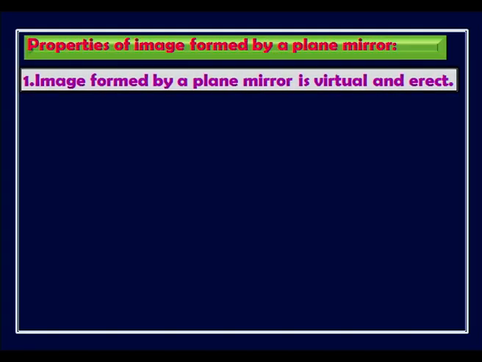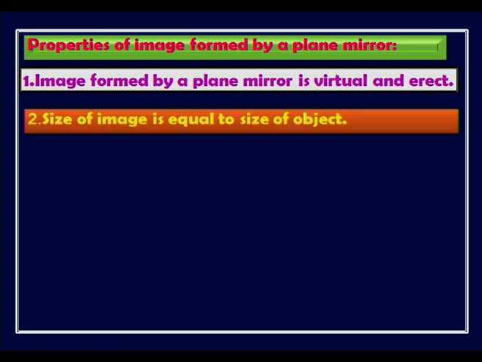Now, we will see the properties of the image formed by a plane mirror. The first one is that the image formed by a plane mirror is virtual and erect. A plane mirror always forms a virtual and erect image. The size of the image is equal to the size of the object. In the case of a plane mirror, the height of the image is equal to the height of the object.